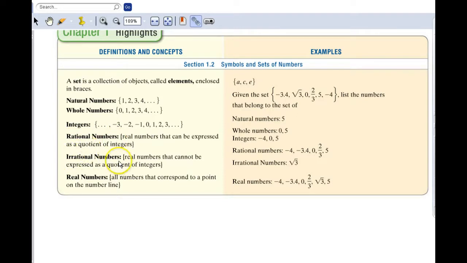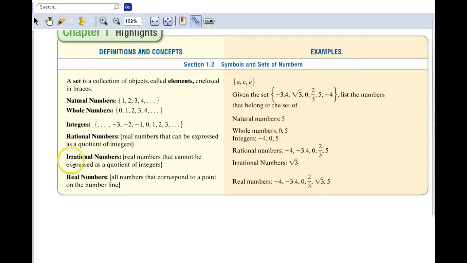Now, irrational numbers are on the number line, but when we would convert the number to a decimal, it does not terminate like 0.5 or repeat like 0.333, but it kind of bobs around.